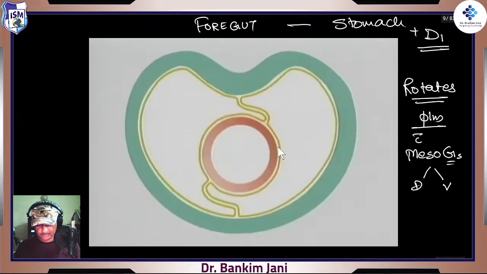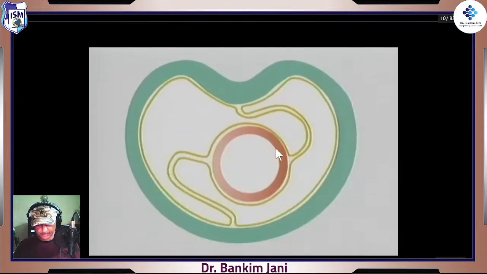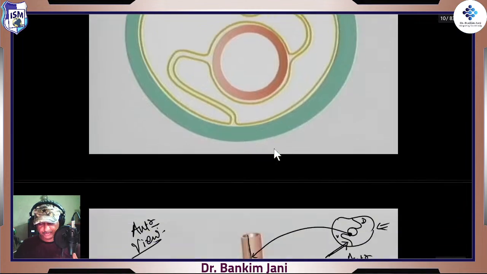And as we go down, here is the gut, the tube which in future will form the digestive system. It rotates. So this gut rotates along with the mesogastrium. Both dorsal and ventral mesogastriums rotate, and that's how they continue rotating.